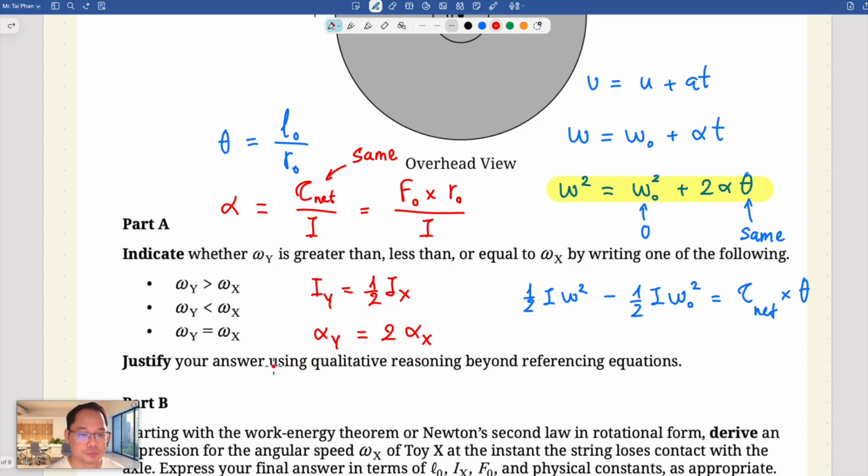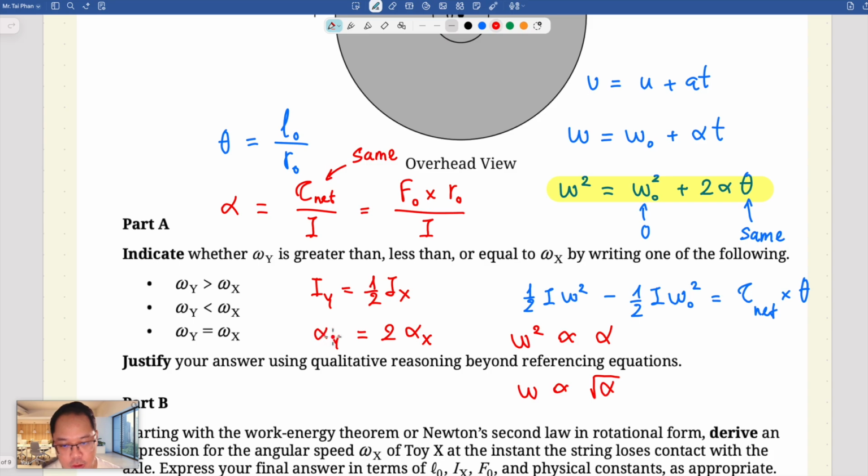Okay, so one more time, omega 0 is 0, the angle is the same, the alpha of y is different. So let me write a conclusion. Omega squared is therefore directly proportional to alpha, because the angle is the same. Okay, which means omega is proportional to the square root of the acceleration.